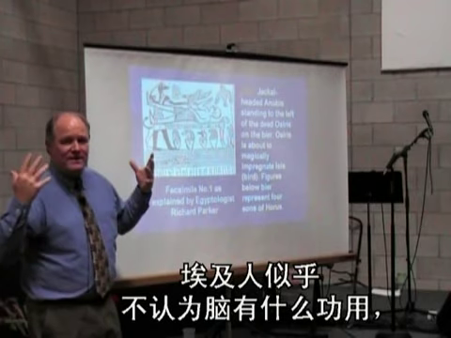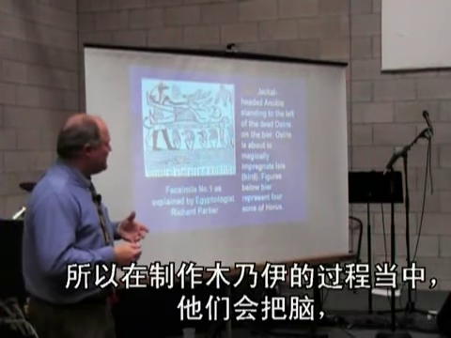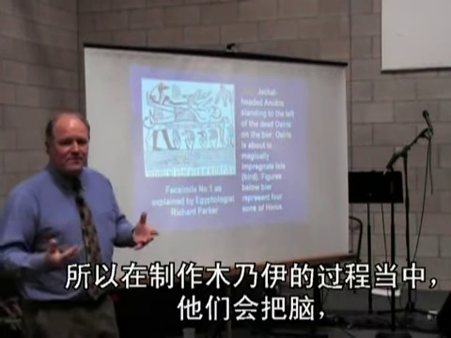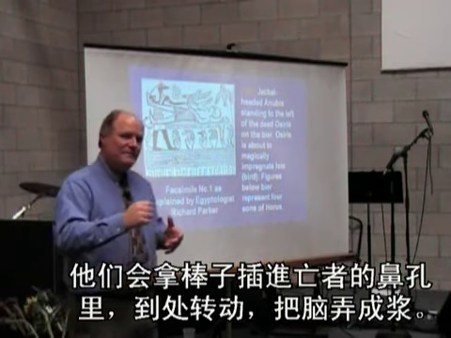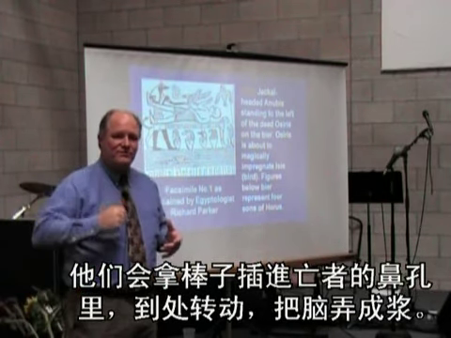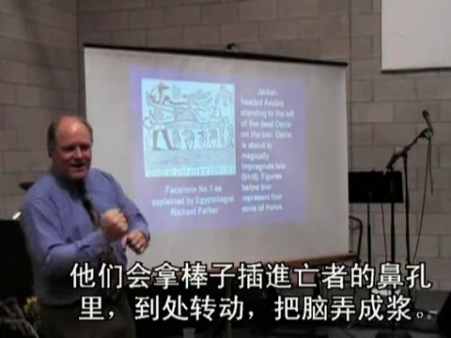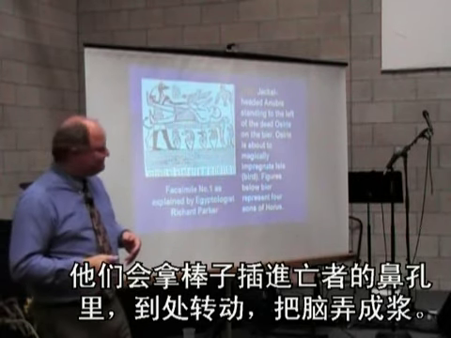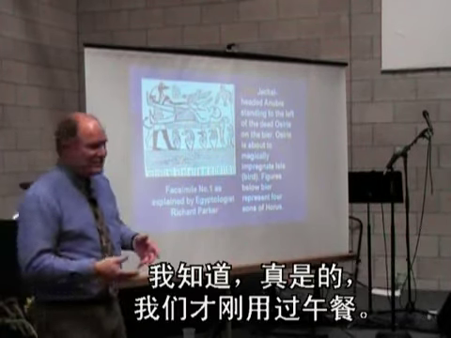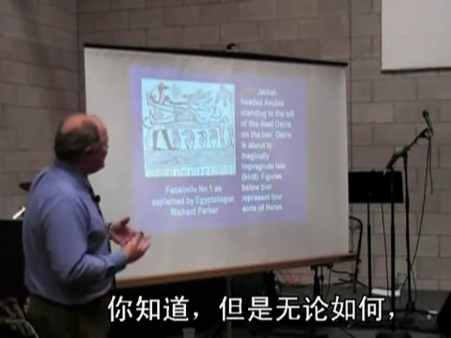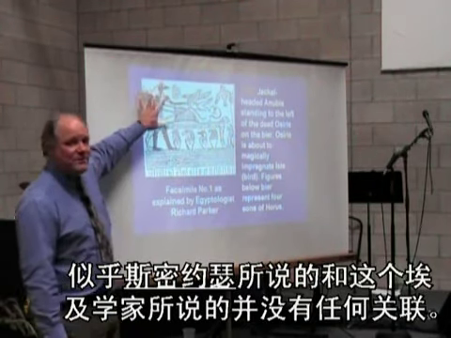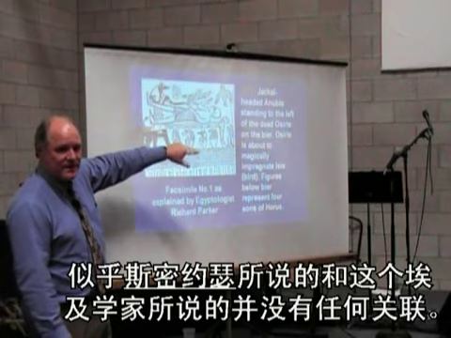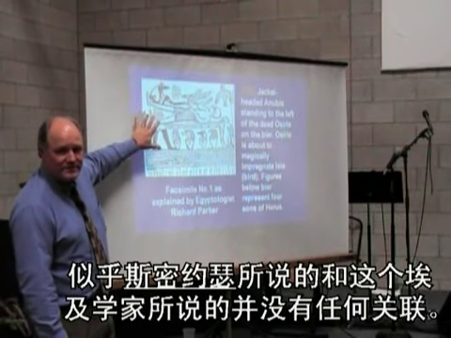The Egyptians didn't think the brains really had much to do with anything, so what they would do with the brains when they would mummify them is they would stick sticks of some sort up the nostrils of the dead and just kind of swish them around and liquefy their brains. I know, this is right after lunch too. But nonetheless, you don't see a real similarity between what Joseph Smith said and what this Egyptologist says.